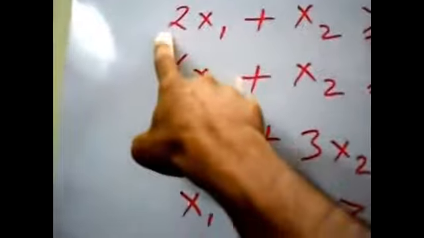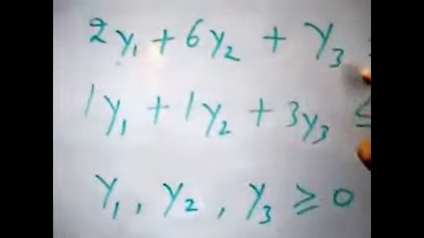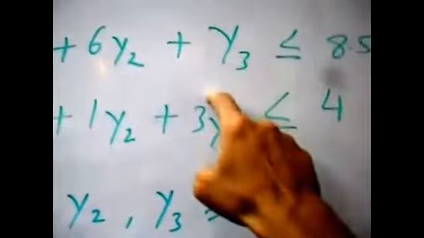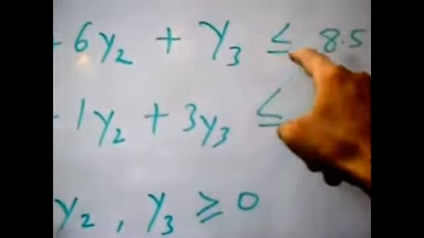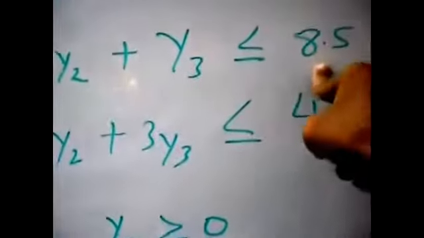2, 6, 1. We will show 2, 6, 1 here: 2y1 plus 6y2 plus y3 less than or equal to 8.5. This 8.5 we show in the condition.